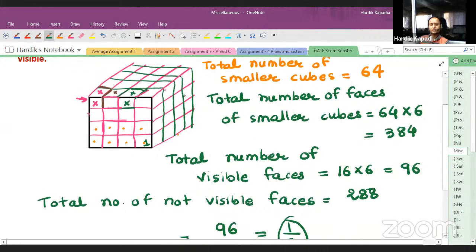So if I'll say it is a 4 cross 4 cube, right? So another question which I'm going to ask is, what is the surface area of this cube? Can anyone tell me the surface area of this cube?